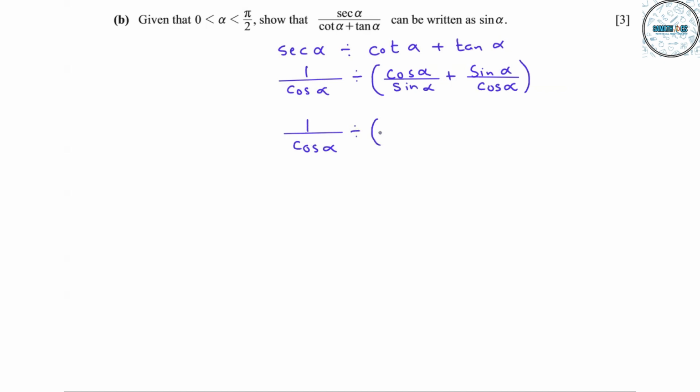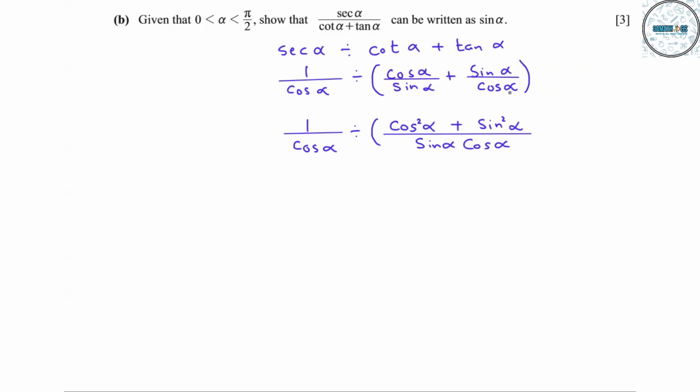We can take LCM here. When we take LCM, it is sin alpha into cos alpha. So this cos alpha is to be multiplied by cos alpha, so this would be cos square alpha plus sin square alpha. In the denominator of cos alpha is sin alpha, so we'll multiply it by cos alpha.